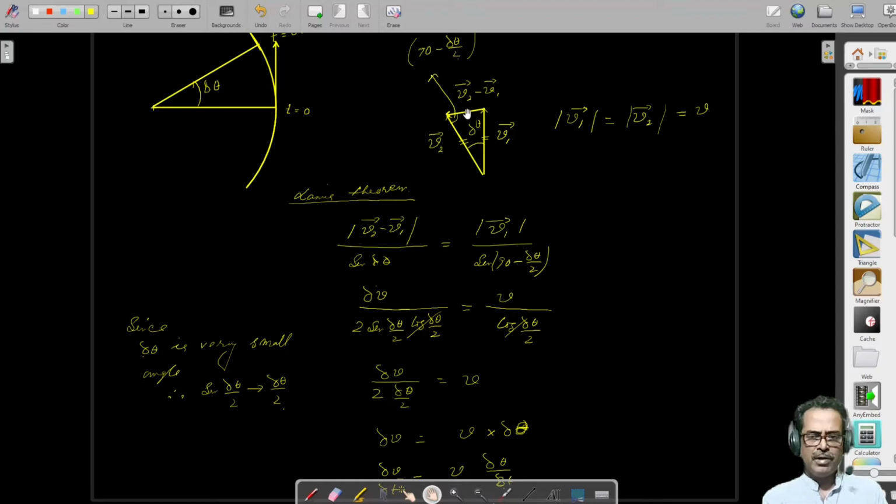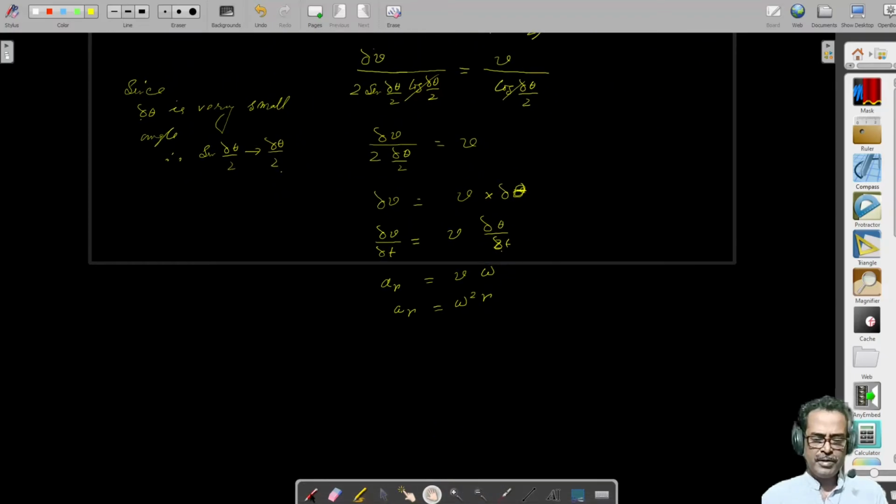Therefore, this change of velocity makes 90 degree with the direction of the initial velocity, that means in this direction. Okay. Therefore, we can say that the direction of the acceleration is along the center of the circle.